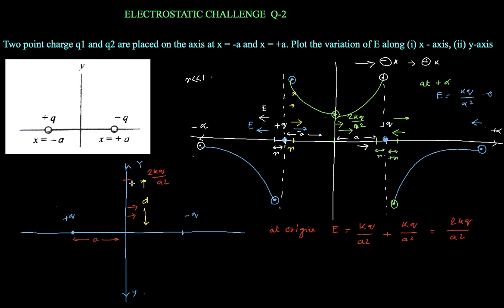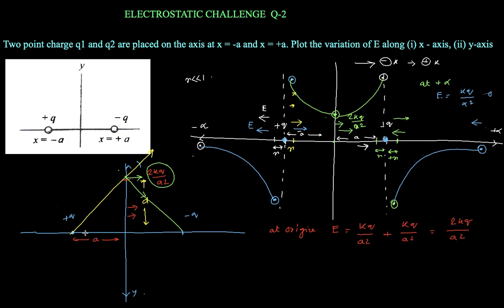The electric field at this point due to this charge is away from the charge, and for this charge it is towards the charge, as it is the negative charge. So the net electric field is in this direction, and it is nothing but 2kq by a square.